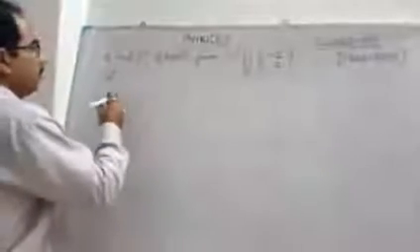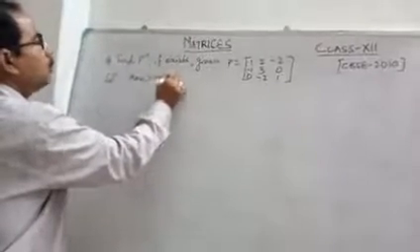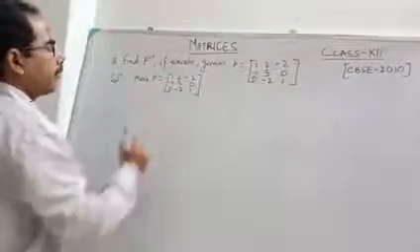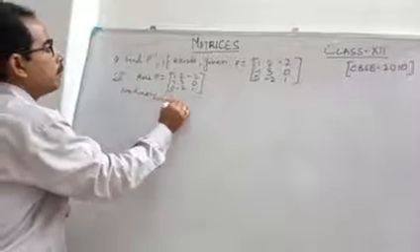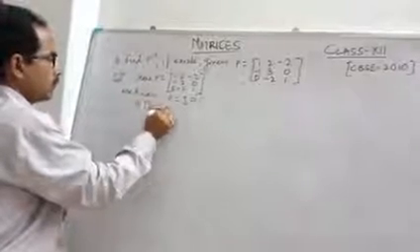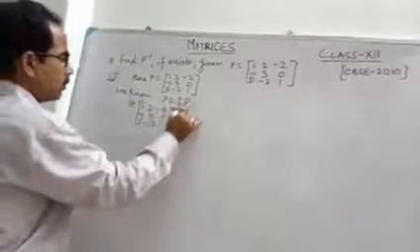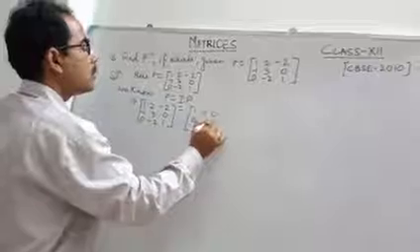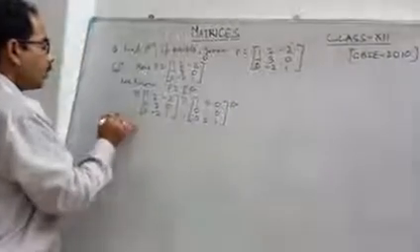So here P equal to [1 2 -2; -1 3 0; 0 -2 1]. Now we know P equal to IP: [1 2 -2; -1 3 0; 0 -2 1] equal to, as it is a 3 by 3 matrix, the identity matrix will also be 3 by 3, [1 0 0; 0 1 0; 0 0 1] P. Now what will you apply?